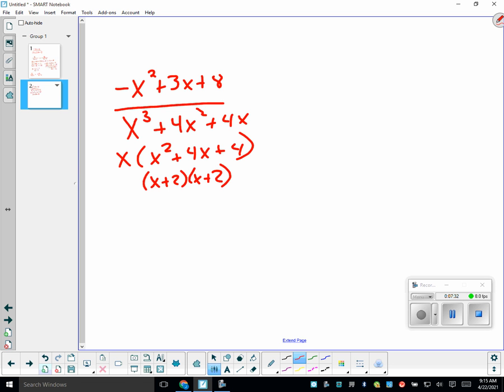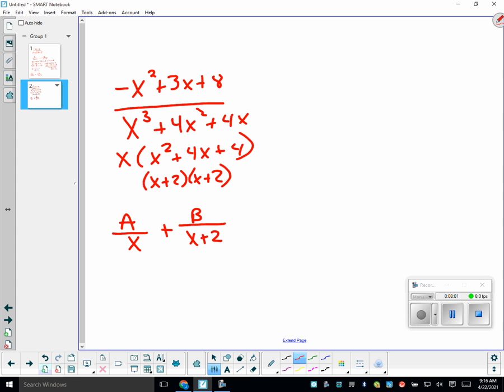Now when I set up my fractions, I have to use all my factors. So is there going to be 3? Yes: a over x, you agree x is one of them, plus b over x plus 2, could that be a denominator?